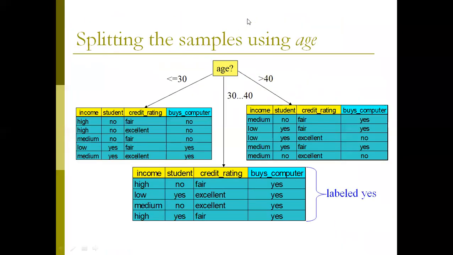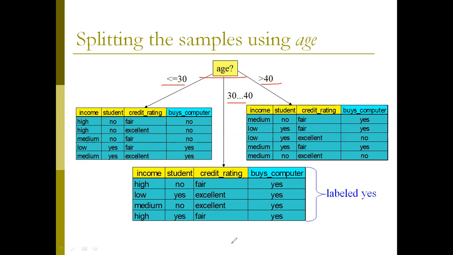This is the age root node. This age attribute has three values: less than or equal to 30, 30 to 40, greater than or equal to 40. This is called splitting. The data is split between these three values.